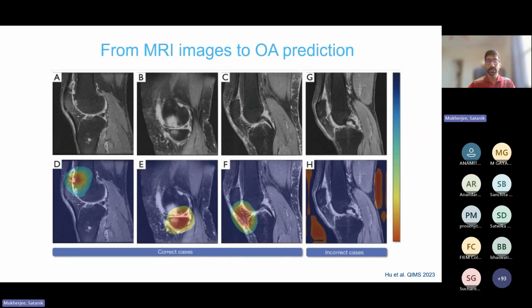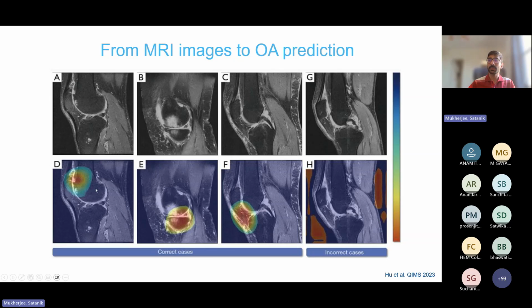And you can see this example where on the top row you will see different MRI scans from the patient, and on the bottom row contour plots showing the regions that these deep learning approaches predict where there is possible cartilage loss happening.